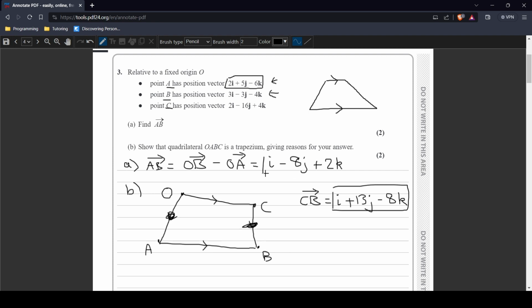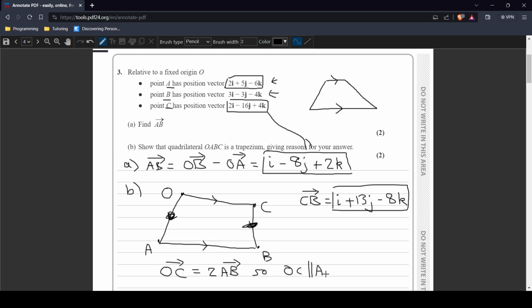Well, AB is this vector here, OC is this vector here, and clearly OC is twice the vector AB, so OC is 2 times the vector AB, so OC is parallel to the vector AB.